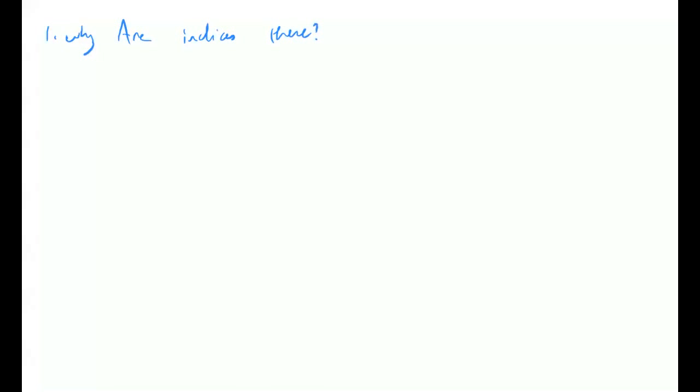Why am I explaining the lesson? To express numbers, yeah, it's in the syllabus. But why is it in the syllabus? Because, okay, indices make our lives easier.